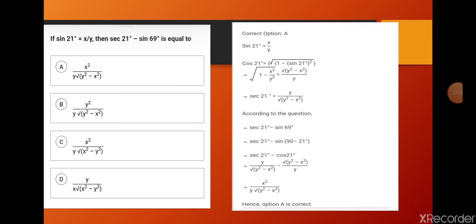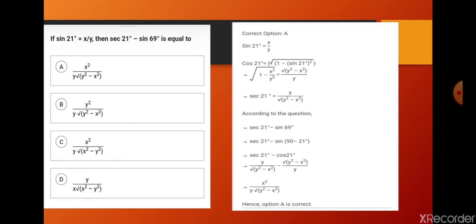The given equation is sine of 21 degree equals x by y. Then cos of 21 degree will be root of 1 minus (sine 21 degree) the whole square. That equals root of 1 minus (x by y) the whole square.